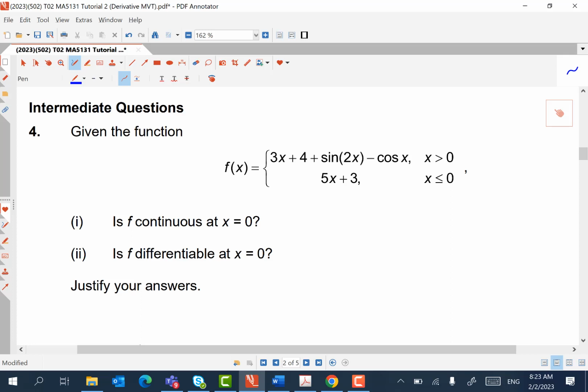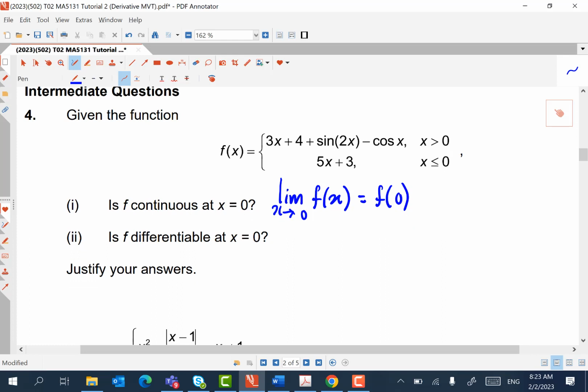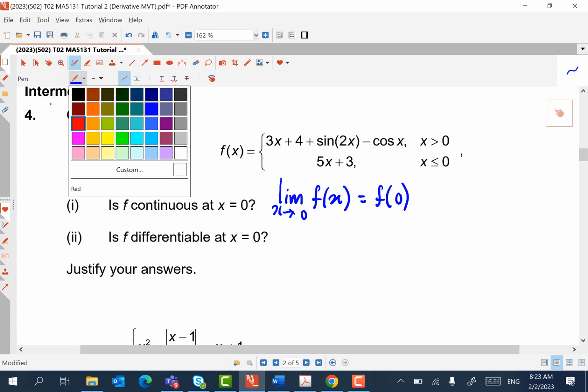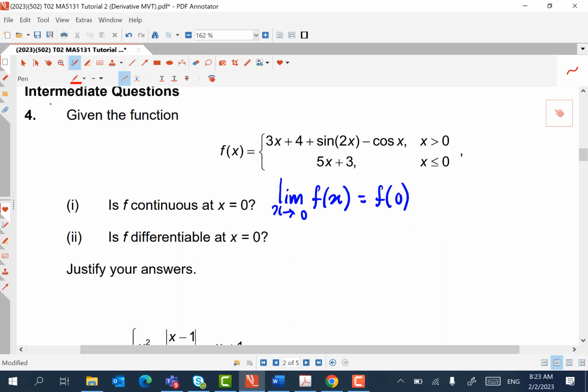To do this part 1, basically we have to check whether or not... To check for continuity is basically to check for this statement. So for part 1, we have to check the statement to see if it's true or false. Kaita, how do we do f of 0?